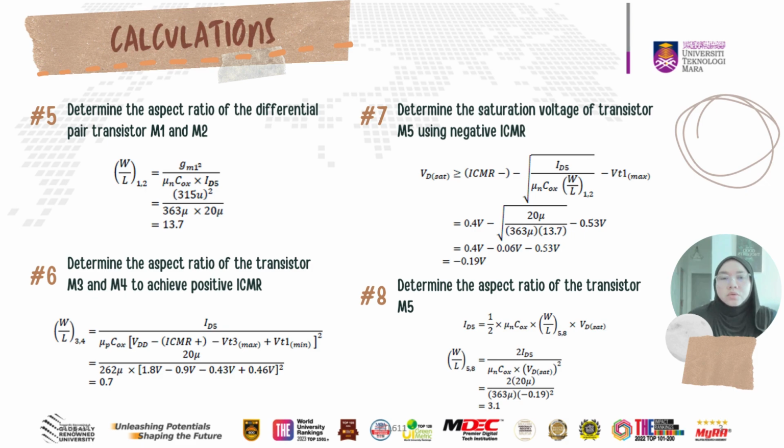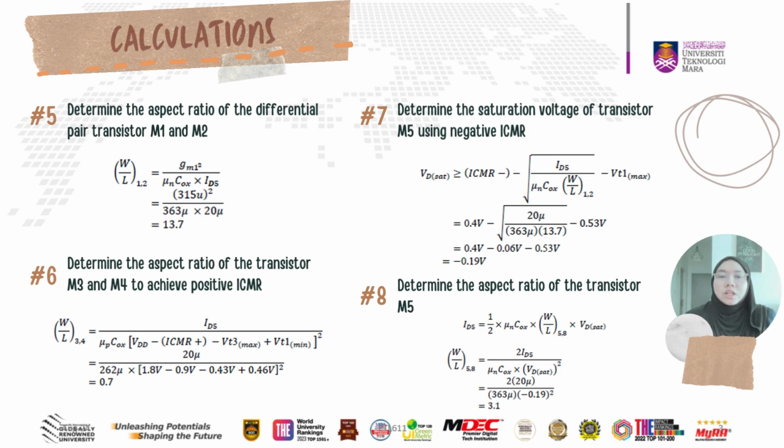The mu n Cox is similar to what we used in step number 5 and step number 7. The VD saturation, we used 0.19 volt as what we have calculated in step number 7. Therefore, we get 3.1 as the aspect ratio for the transistor M5.